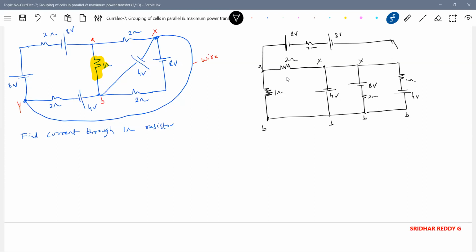I'll put it like this, for your help. Conducting wire, X and Y. This is our resistor.